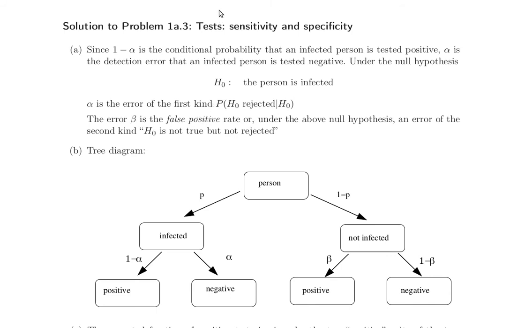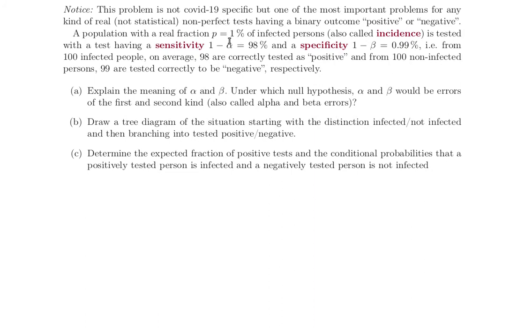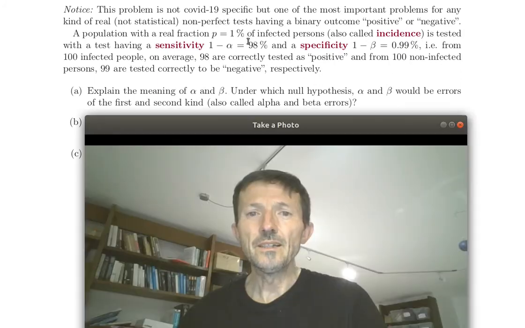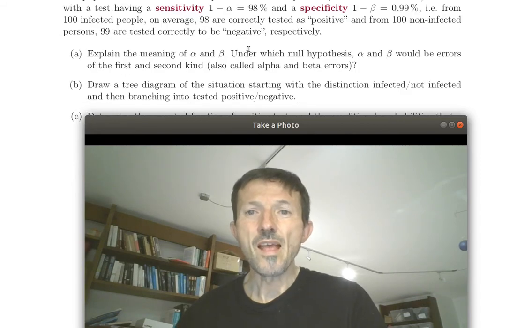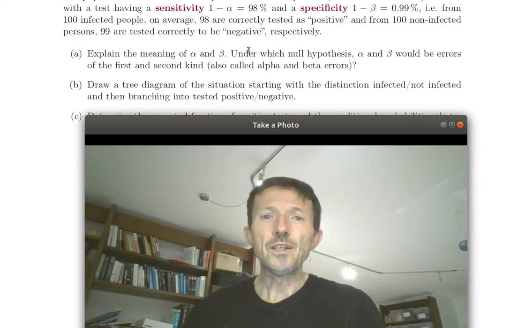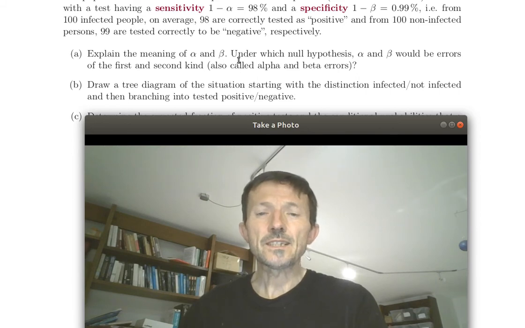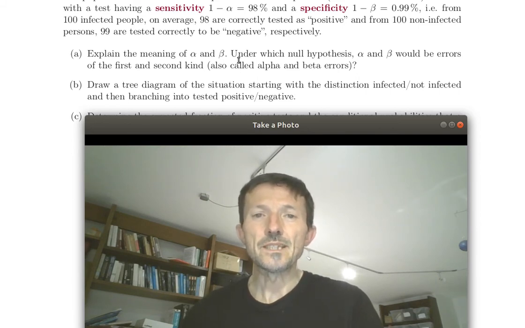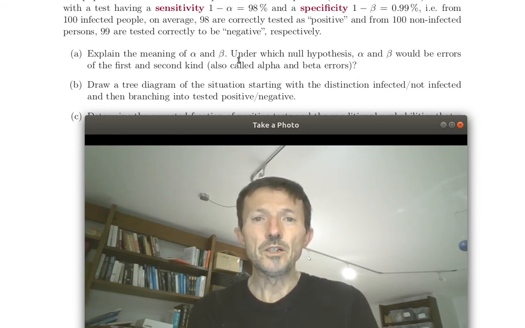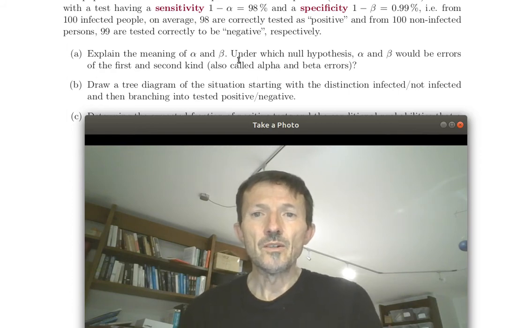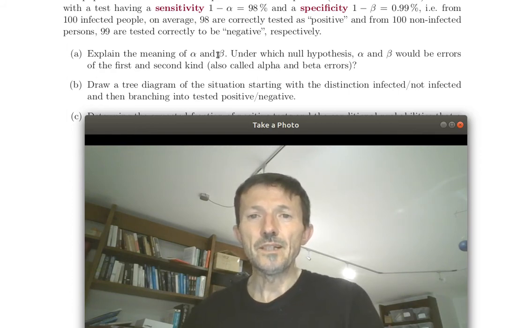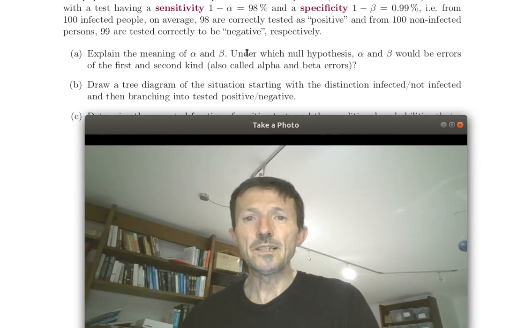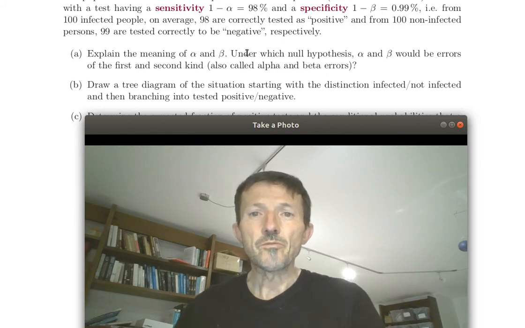So that was problem part A. Now let's come to problem part B. In this type of problem where there are conditional probabilities, and notice that alpha and beta are nothing else than conditional probabilities, we want to have the reverse conditional probabilities.